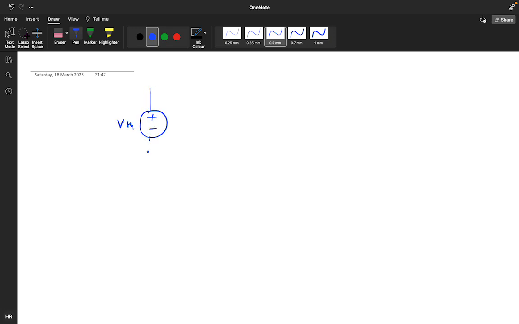I am taking it as VTH, and a 1 ohm resistor is connected across this. And it derives how much current? It's given 5 ampere current. So when a 1 ohm resistor is connected across the battery charges, it derives a current of 5 ampere through the resistance.